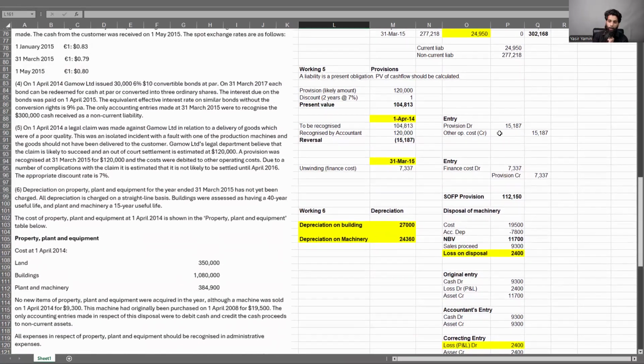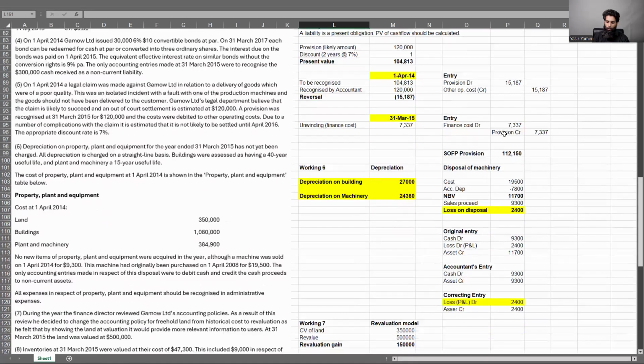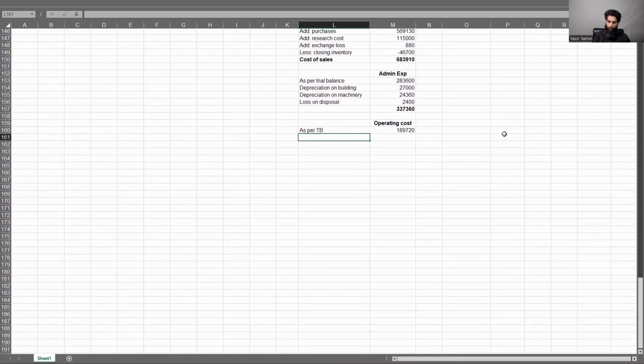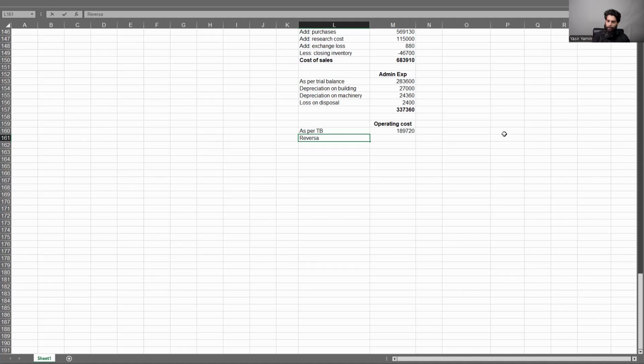Yeah, 15,187. I'm sorry. Reversal of excess provision 15,187. Net operating cost should be this, 174,533. Done. Is it clear to everyone?